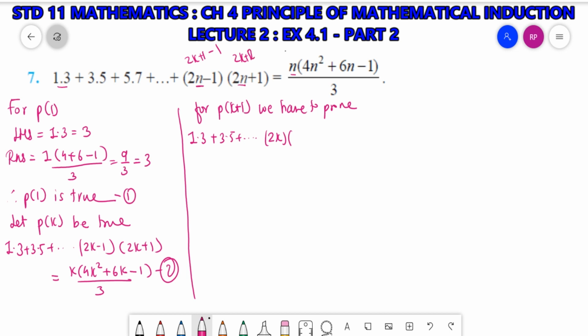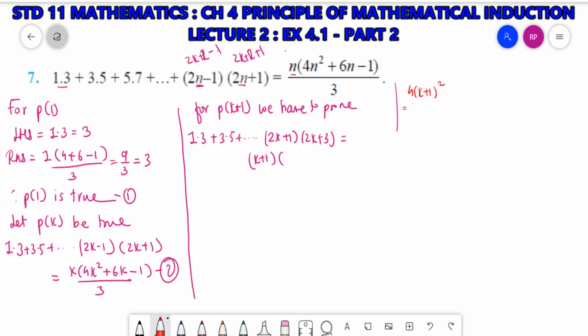Sorry, 2k plus 2. Sorry, my mistake. Here will be 2k plus 2 minus 1. 2 into k plus 1. 2k plus 2 minus 1. It will be 2k plus 1. And here 2 into k plus 1, that is 2k plus 2 plus 1, that will be 2k plus 3. That is equal to, instead of n, k plus 1, 4 into, see, I am solving it here on the side, 4 into k plus 1 whole square.